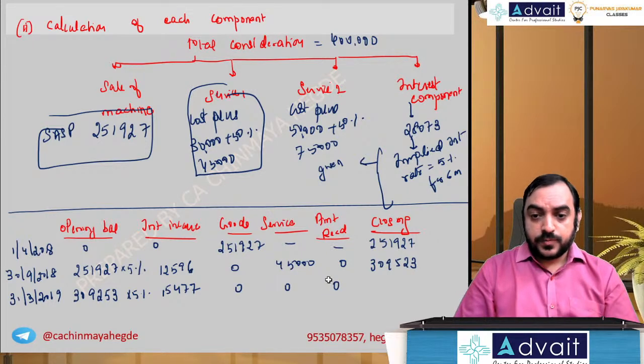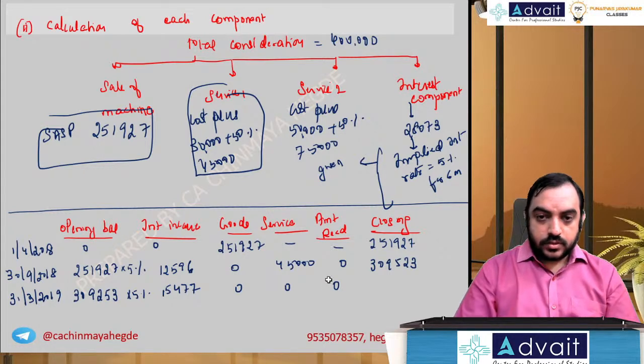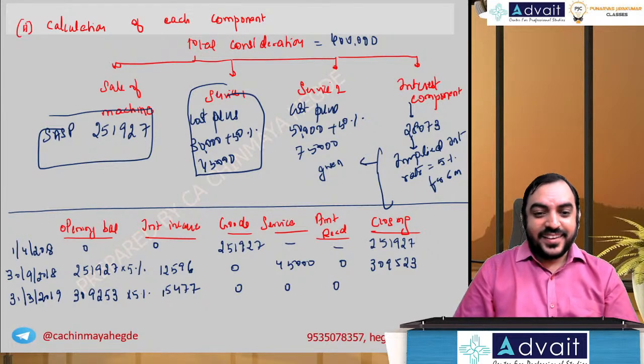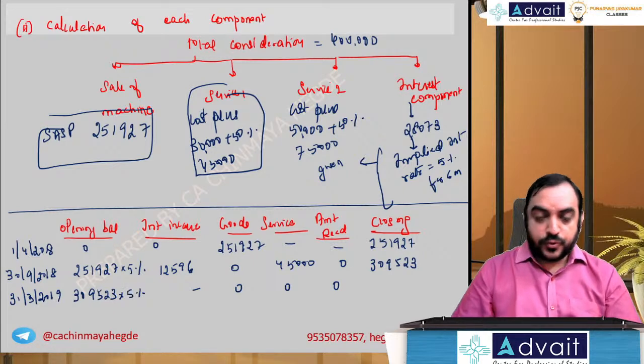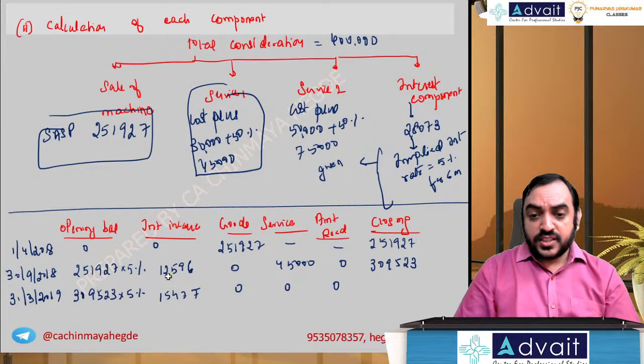So closing balance: sorry, I always have this problem, this is not the right number. 3,09,523 into 5% is 15,477, and 3,09,523 plus 15,477, you get 3,25,000.